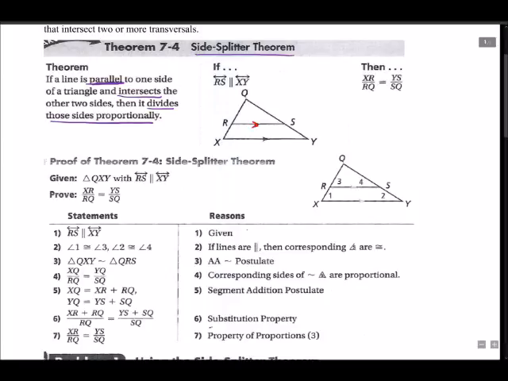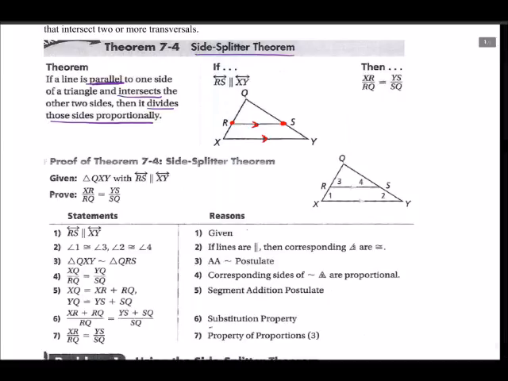I see a line that is parallel to one side of my triangle, and it divides. This is not a midpoint. It could be, but it does not have to be a midpoint. Not a midpoint. It divides the sides proportionally.